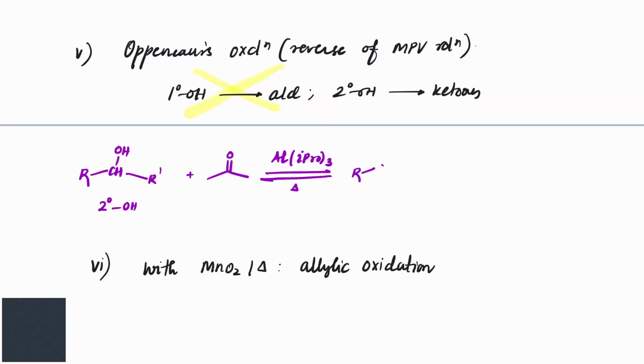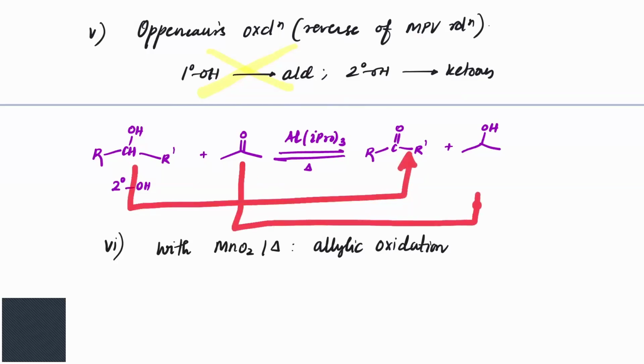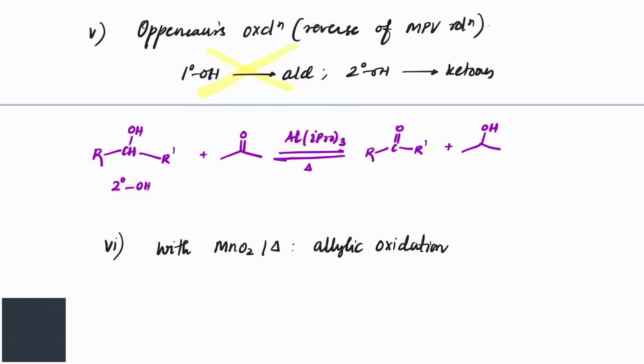This will convert into RC(=O)R' plus this ketone will convert into an alcohol, right? So this is the way the reaction works. This gets oxidized to form the keto part and the other reagent, which is the ketone, will convert into alcohol. So it's like an exchange reaction.